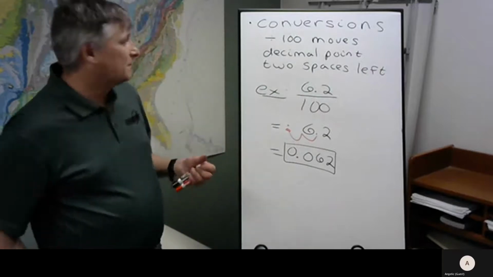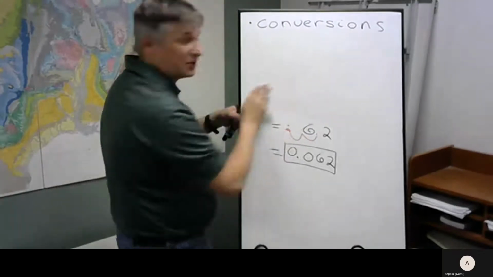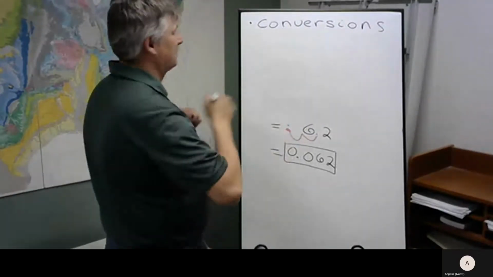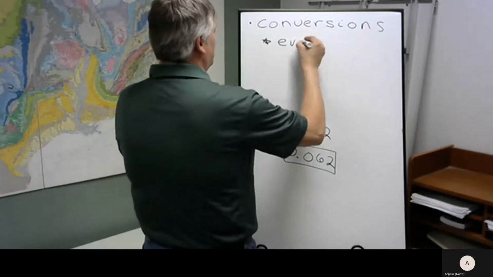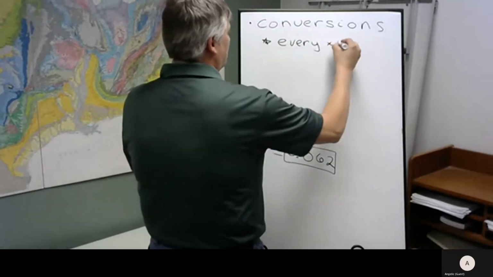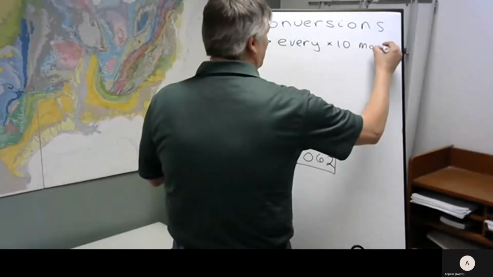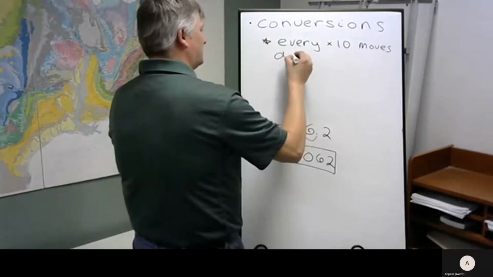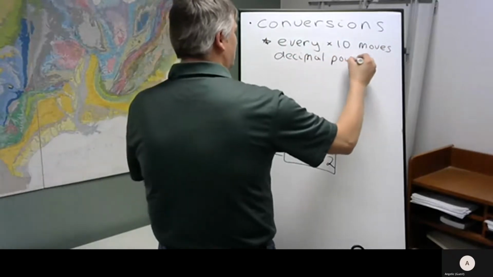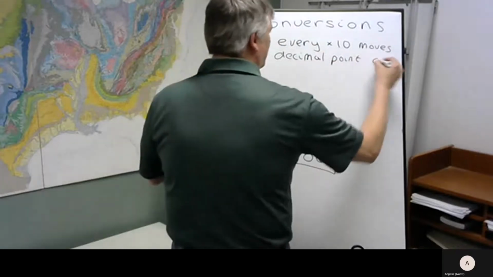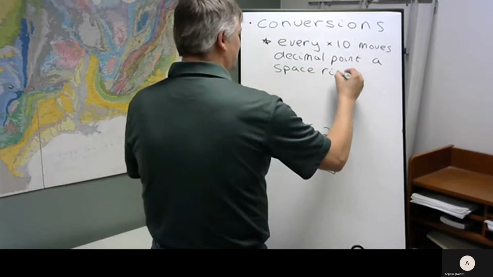And since we are working with decimals, I'll just make this a general observation. Every times 10 moves the decimal a space to the right.